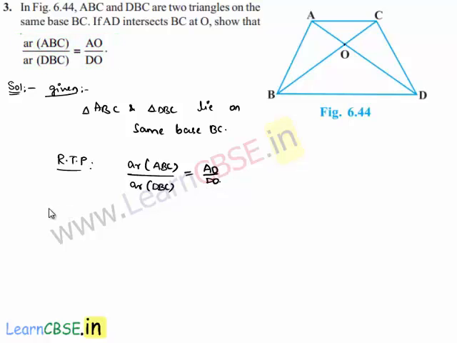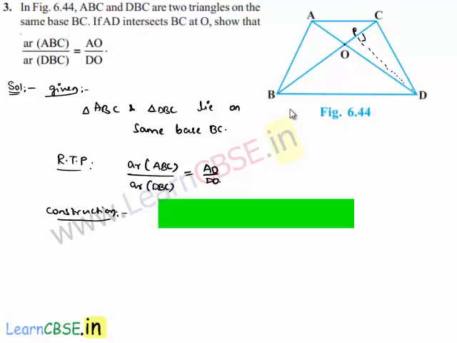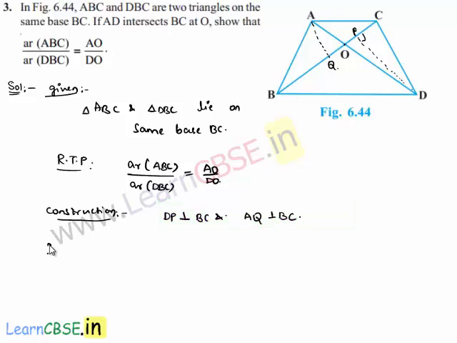In order to do this, let us have some construction. Draw DP perpendicular to BC and AQ perpendicular to BC. Now moving on to the procedure.